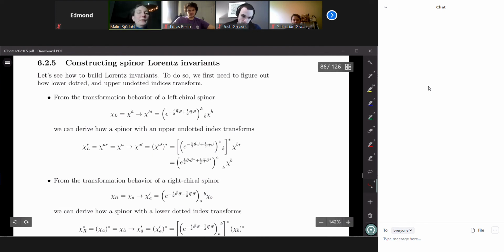So first we recall that the left chiral field, chi alpha upper dot, should go to some chi alpha upper dot prime with this form of the Lorentz transformation. In this case, I had a minus for the rotations, and I had a plus and no i for the boosts, and the index structure here does matter.